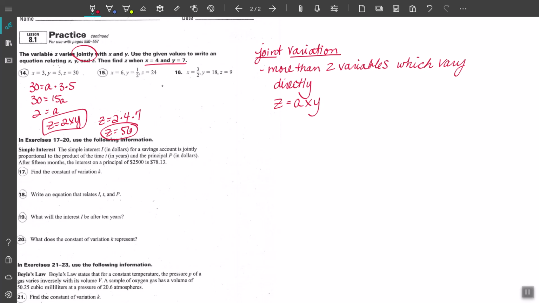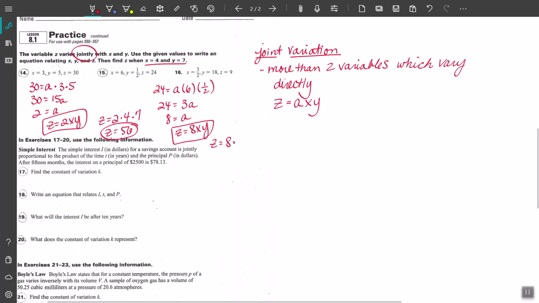All right, and then in 15, we would use those three values to solve for an a of 8. So an a of 8 put back into our form will give us this equation, and then we'll evaluate at 4 and 7, and we'll get a z of 224 for that set of values.